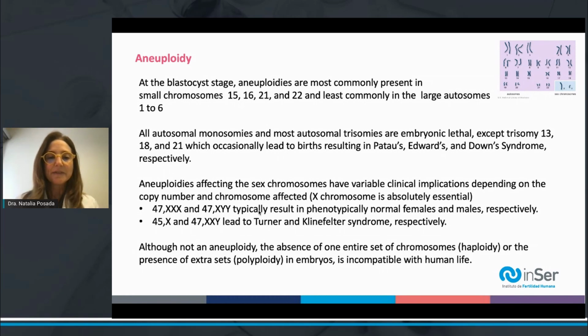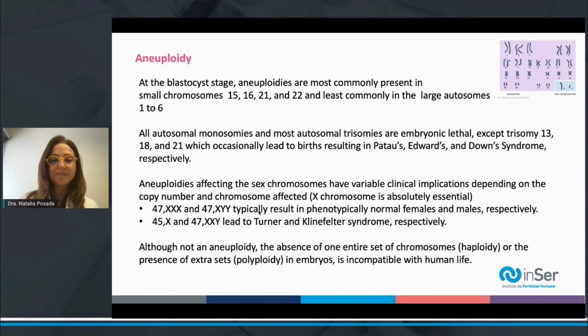In the case of babies with 47XXX trisomy or 47XYY trisomy, one can have phenotypically normal females and males. In the case of monosomies, as I said before, 45X0 may give rise to Turner syndrome, which one can see quite often, and 47XXY is a trisomy that may give rise to Klinefelter syndrome.